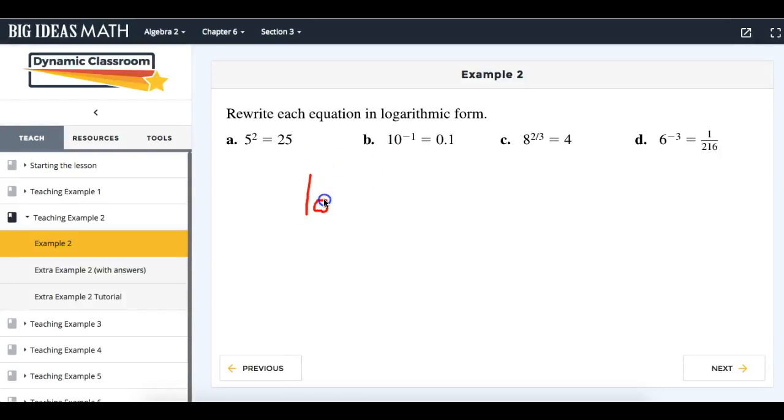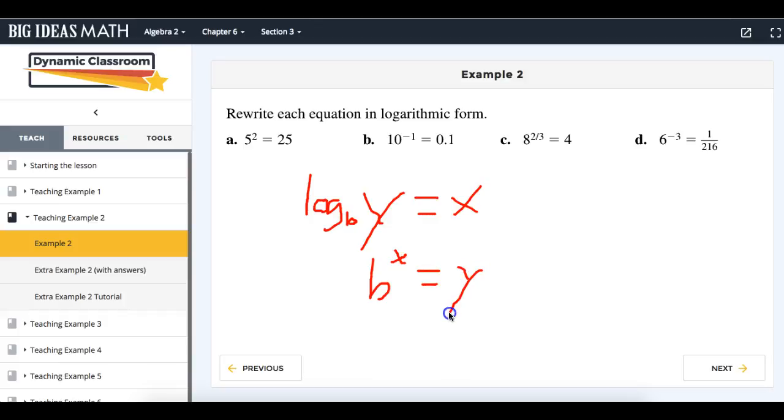When we're looking at log base b of y equals x, the way we rewrite that in exponential form, our base stays the same, so b, and we just switch these two. So b to the x, because x comes to this side, equals y.